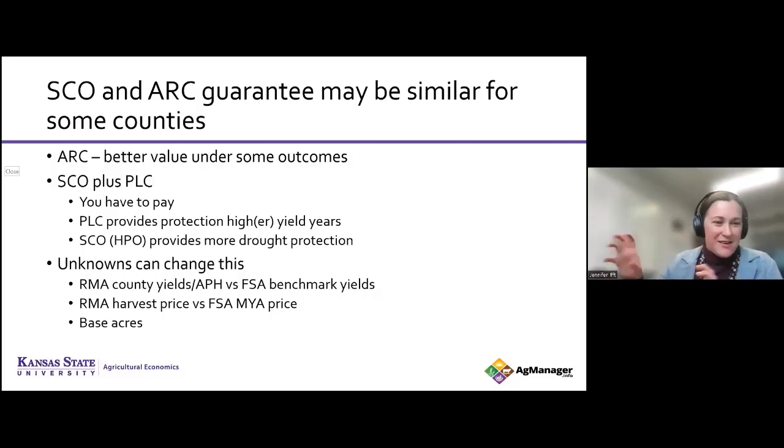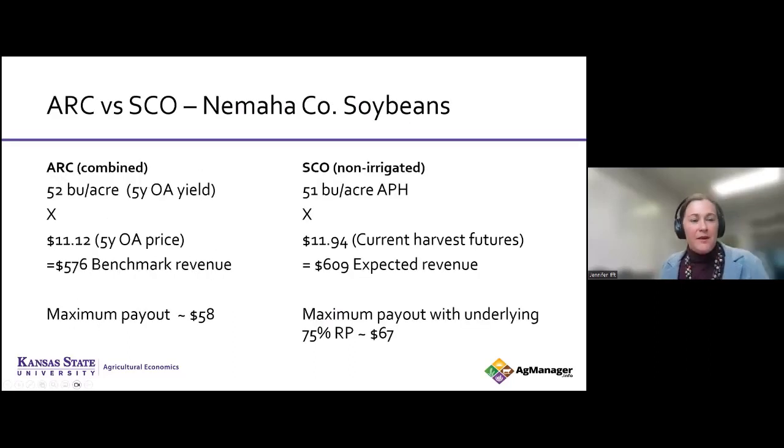So those are going to come from different periods. Also, what crops you have base acres in could make a difference. That being said, I looked at ARC versus SCO for Nemaha County soybeans. The max payout for ARC for those is about $58 an acre. A similar SCO policy is about $67 per acre, assuming current futures prices.